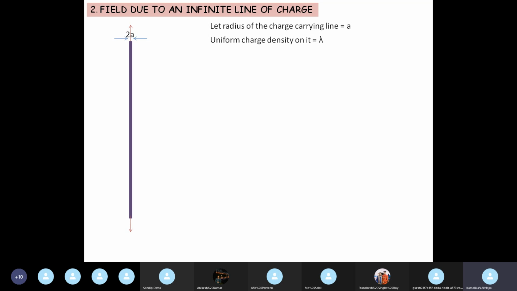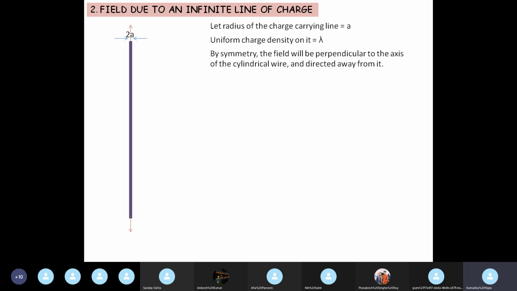Since this is a very thin, long object, we consider linear charge density. Remember, linear charge density lambda is equal to dq by dl, charge per unit length. The charge is distributed uniformly over this long object, and the uniform charge density is lambda. These are the two assumptions.